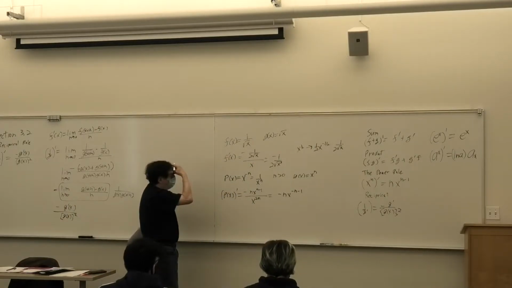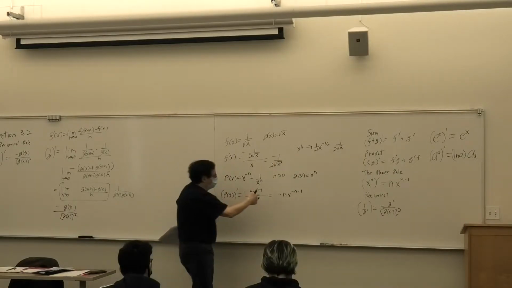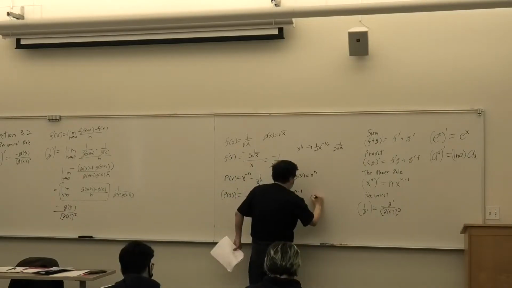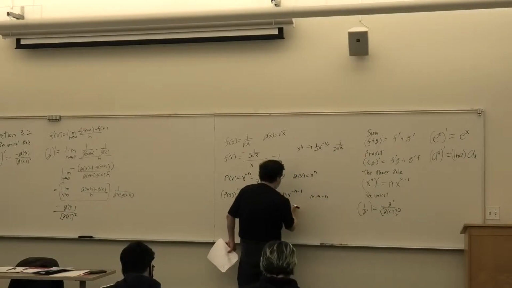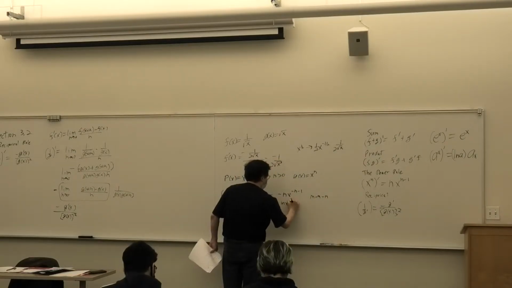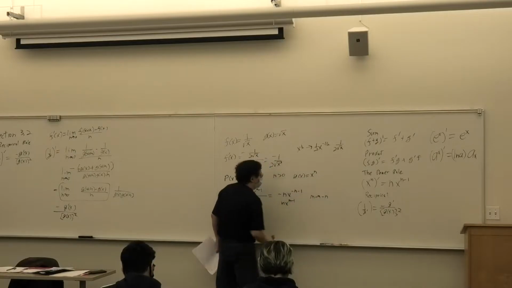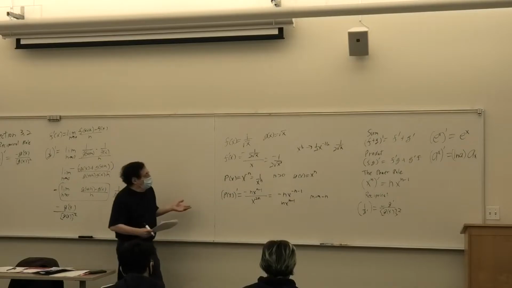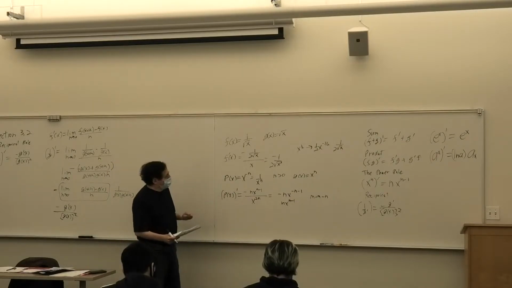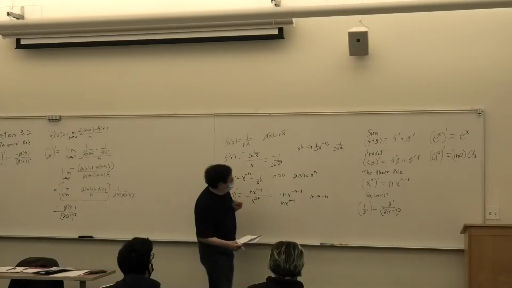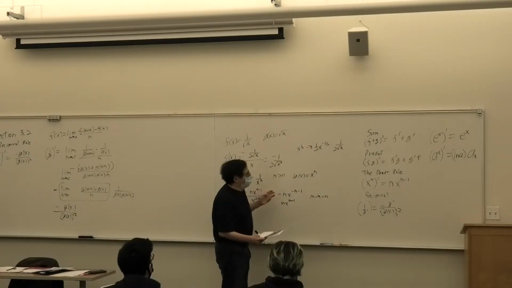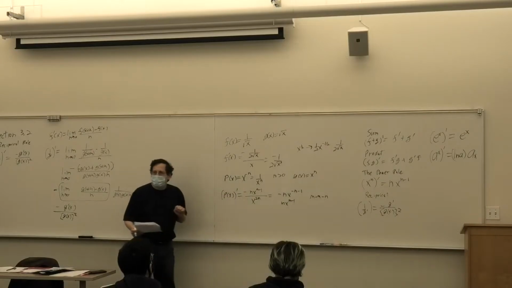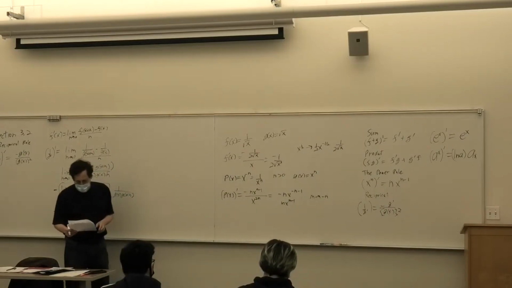Okay, well, if I substitute here, let's say m for negative n, you see that this just looks the same as the power rule. So the power rule, at the very least, works for all integers, except 0. You don't need it for 0. 0 is a constant, and the derivative of a constant is 0.